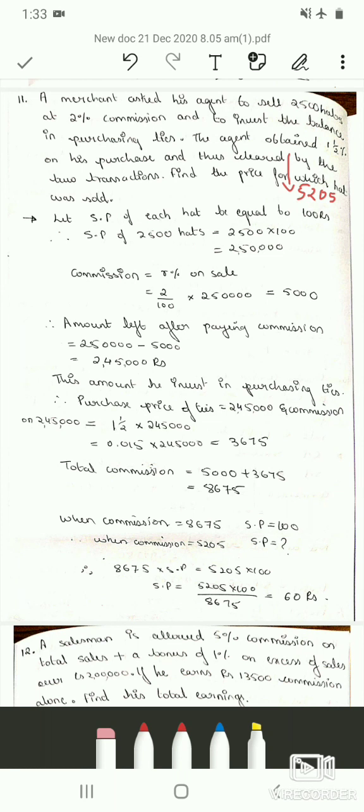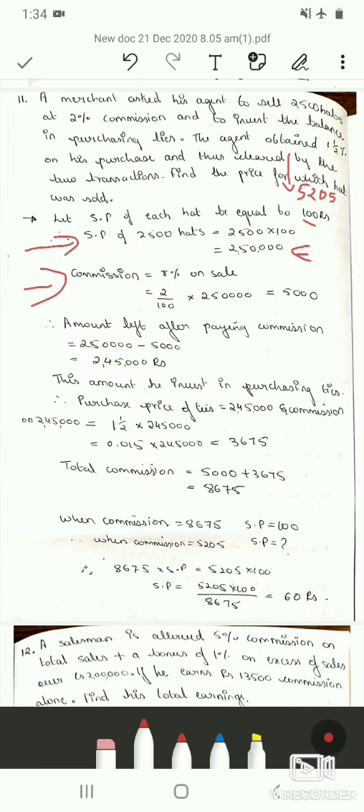So first let us assume the selling price of a hat to be 100 rupees. You can assume even 1 rupee or 10 rupees, but for convenience let us assume it to be 100 rupees. Therefore the selling price of 2500 hats would be 2500 into 100, which is 2,50,000.